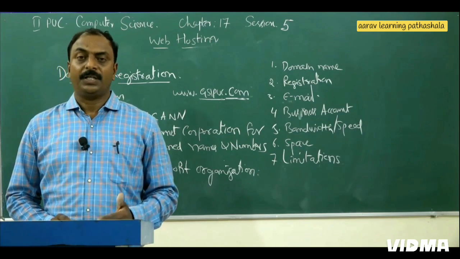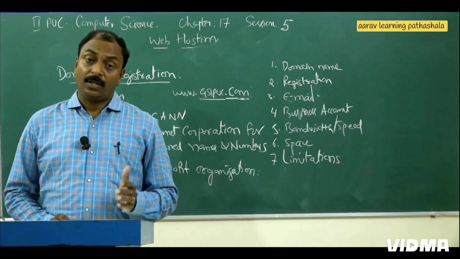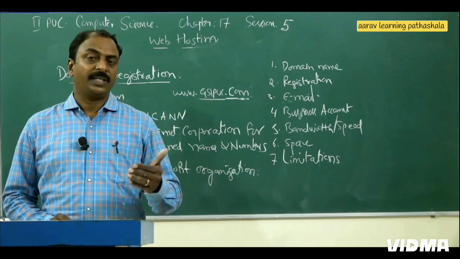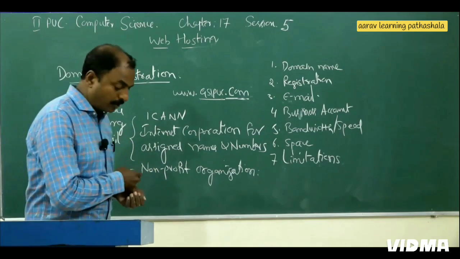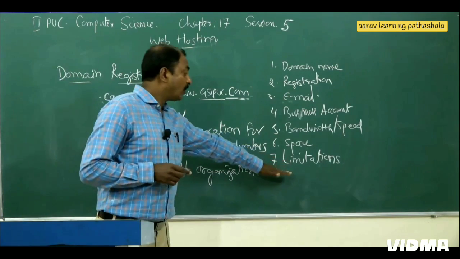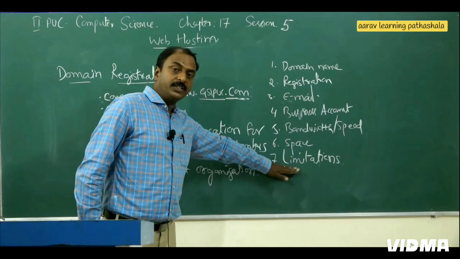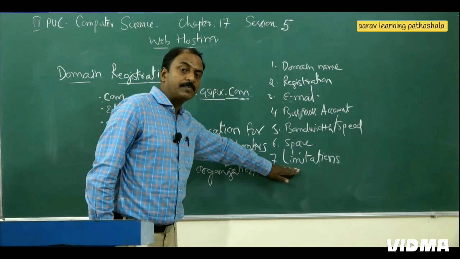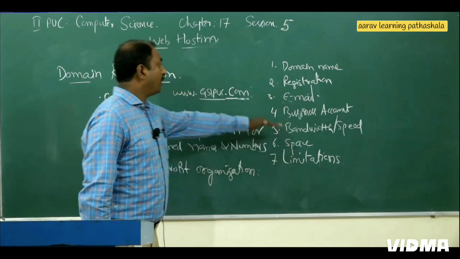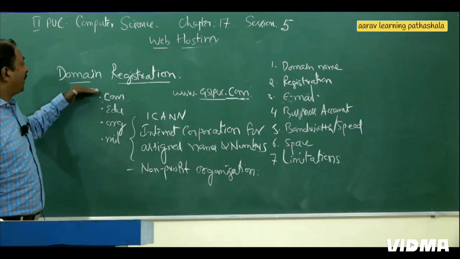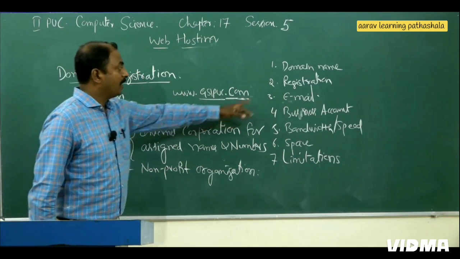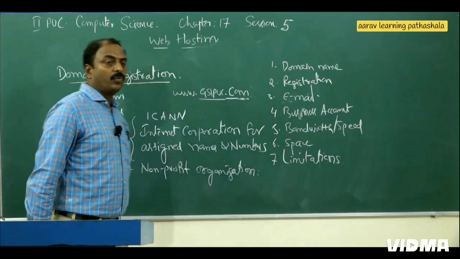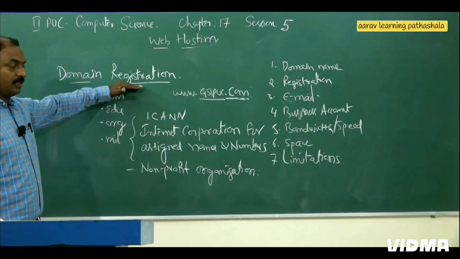Similarly .jpg, .png, and again .mp4 are also different types of files. So our website should support different types of software or content, different types of information. So whenever you want to go for any domain registration or to develop any website, we have to keep these things in our mind before we go for registration.